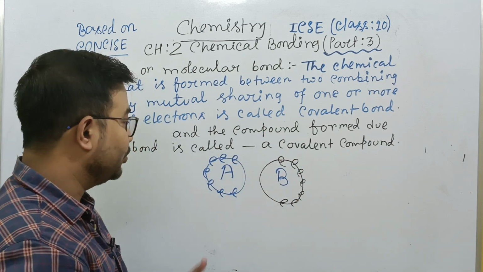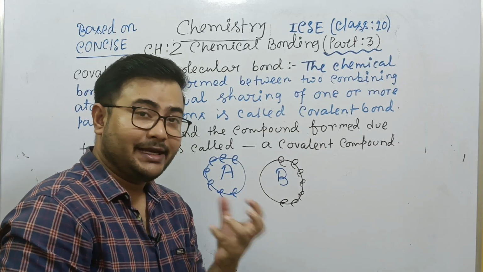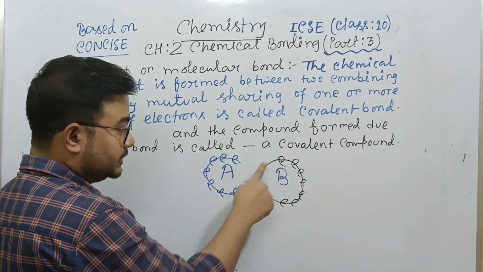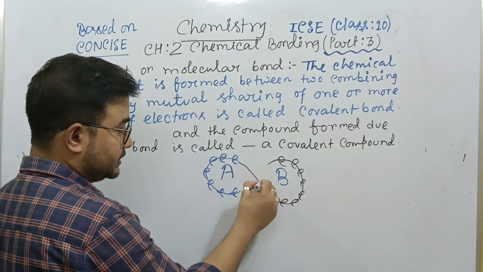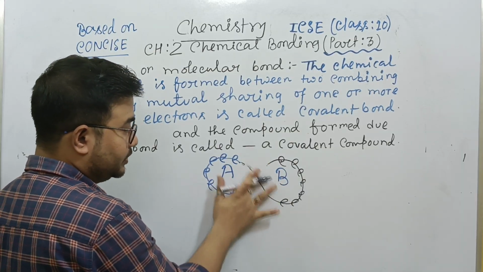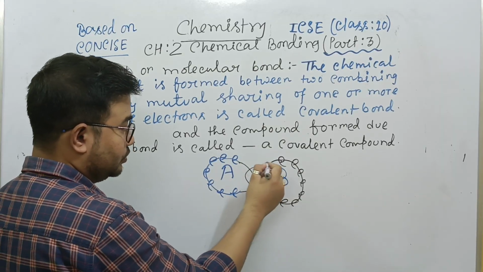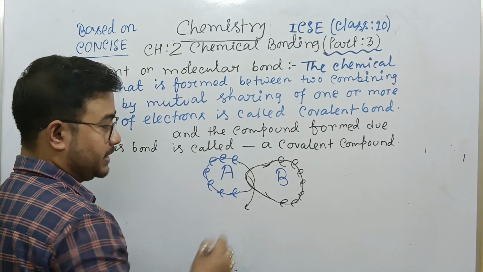So since both these atoms have a tendency to accept, in that case both these atoms try to create a common space, in this way. Look at the board. This is the common space.